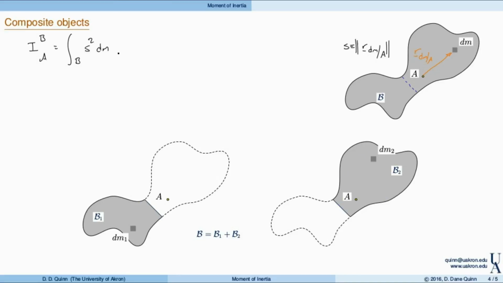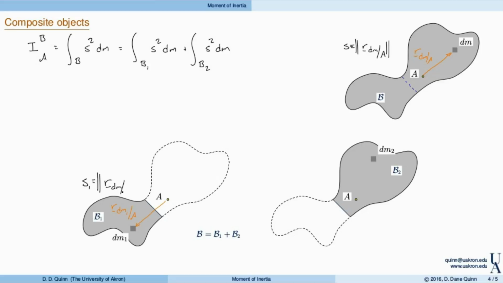So here, the integral over the body, well, I can just break that up into the integral over the first part of the body, B1, and the integral over the second part of the body, B2. But now this s is the distance between A and some mass element on the body. So here, if we have a vector dm1 with respect to A, then we can identify the length as simply s1.